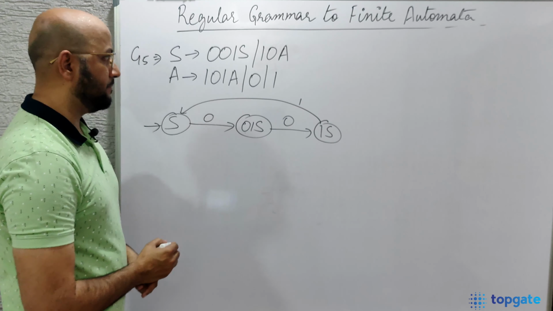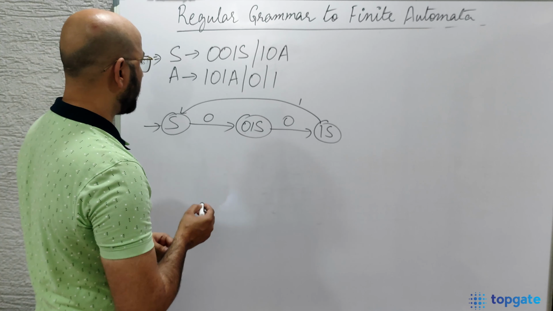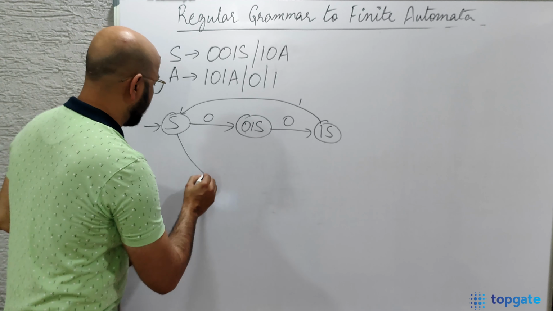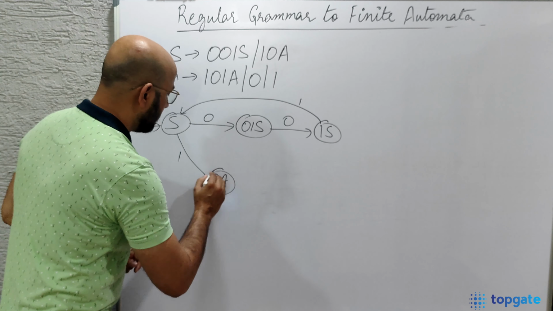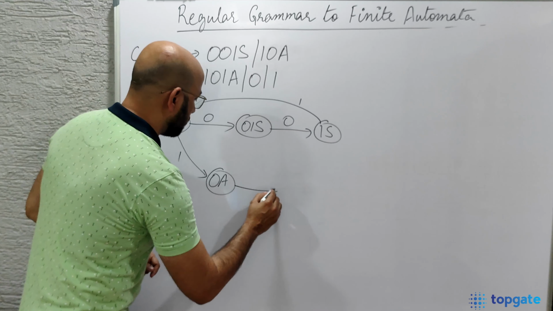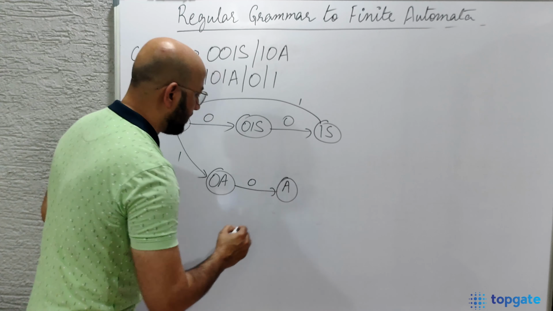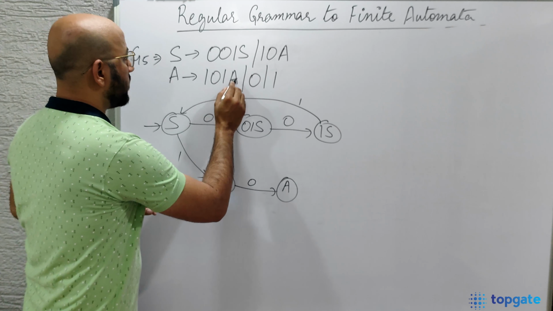with 1. Now we have S tends to 10A. So S tends to 10A means when you apply 1 you will move on to 0A. That means apply 1 and move on to state 0A, and then the next alphabet is 0, so apply 0 and reach the state A. Now come on to A, it says 101A.